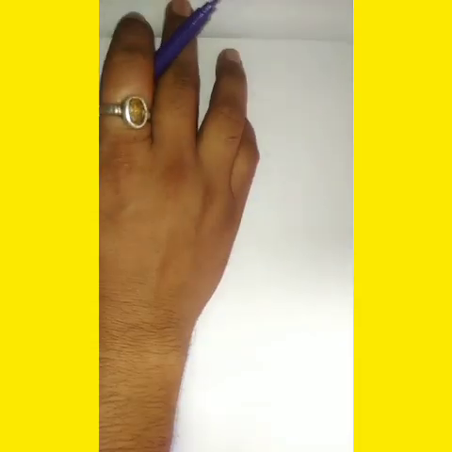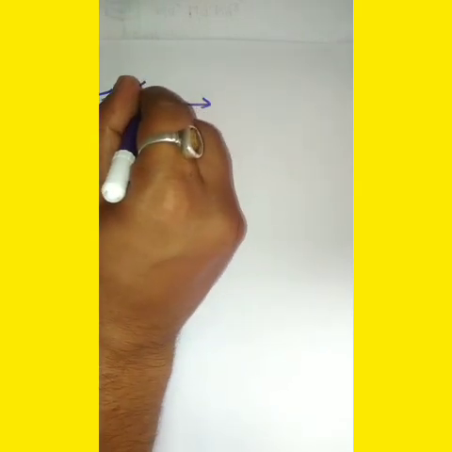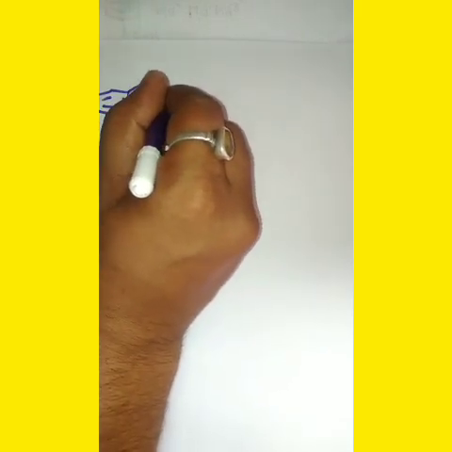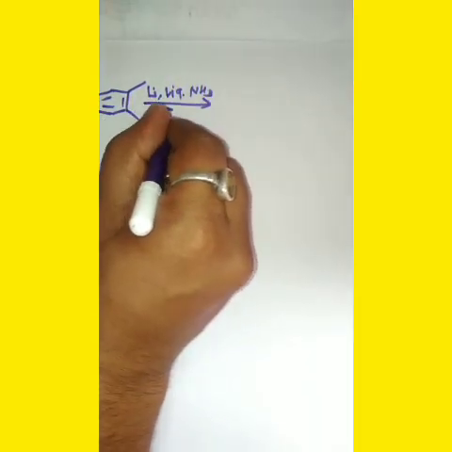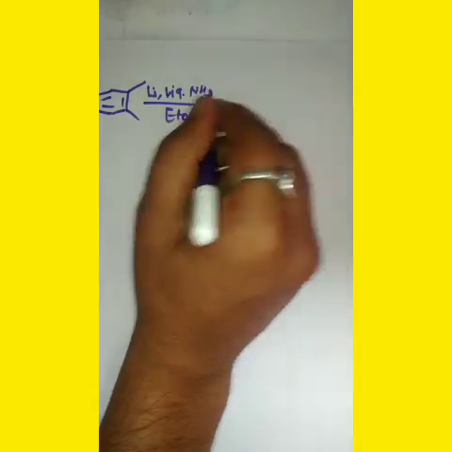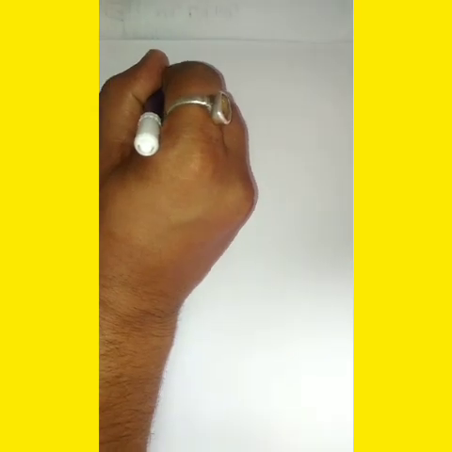Now we see an example by which we can understand the Birch reduction involving electron withdrawing and donating groups. Lithium in liquid ammonia, with ethanol as solvent. Now these are methyl groups, CH3 and CH3.